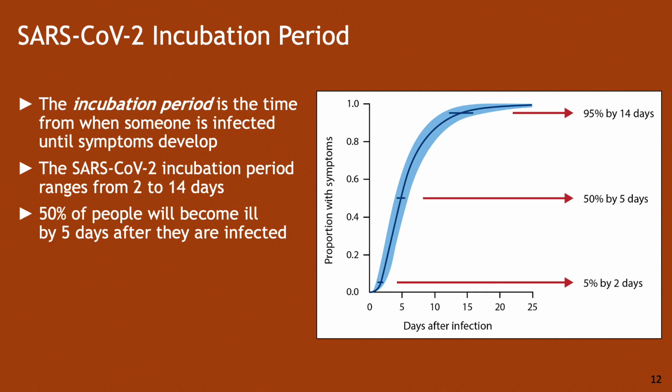Maybe 5% develop symptoms within 2 days, maybe 50% within 5 days. Sometimes it takes as long as 14 days before we notice symptoms. But by 14 days, we pretty much know whether they've gotten it or not. Of course, this 14-day period is significant because it has implications for isolation and quarantine.